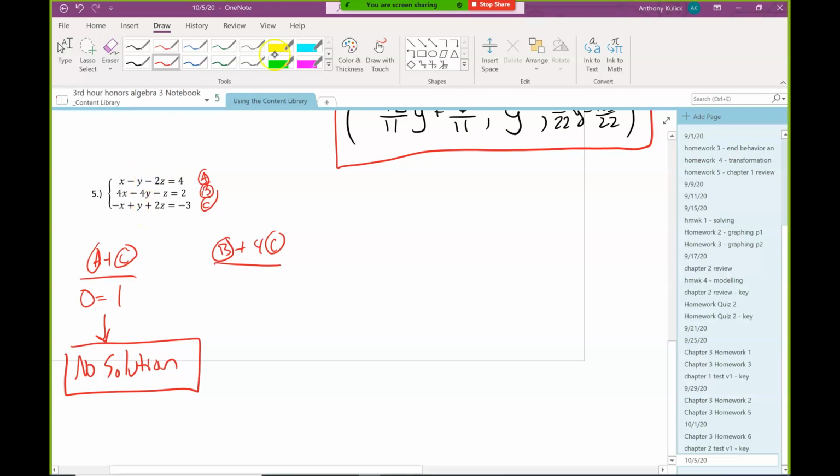And just in general here, you could tell from looking, because if you look at the left-hand sides, you notice that those two left-hand sides are opposites, but the right-hand sides are not opposites. Right then and there, I knew it was going to be no solution before I did anything.